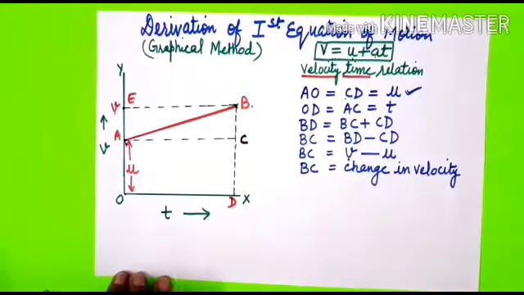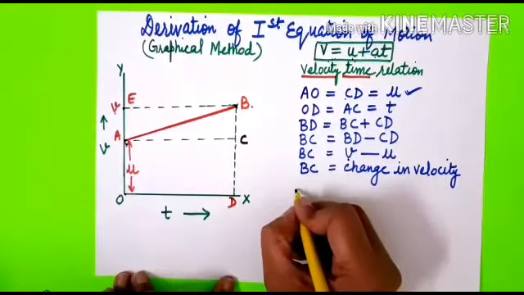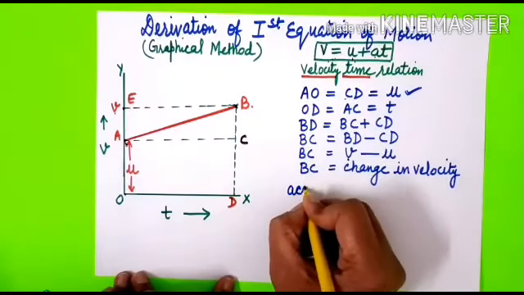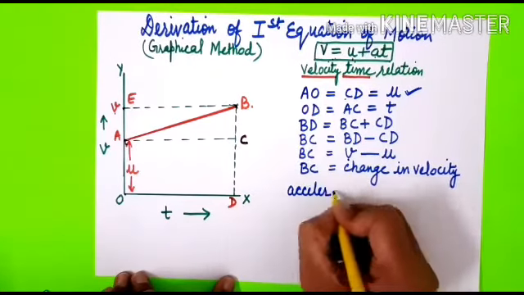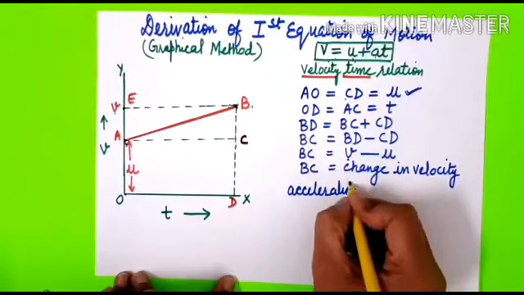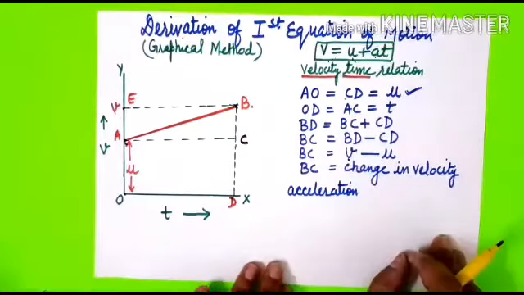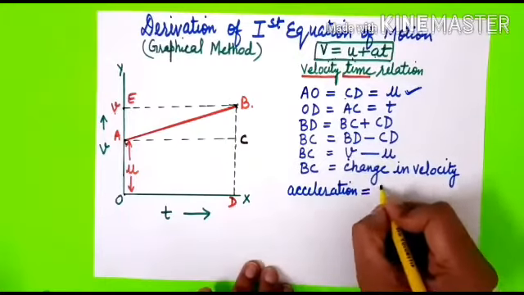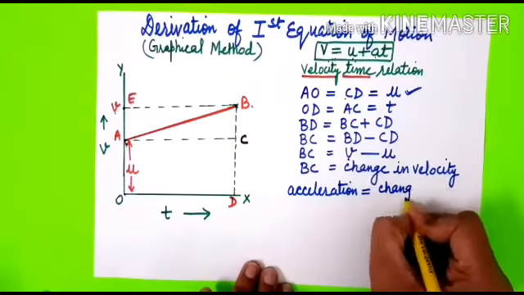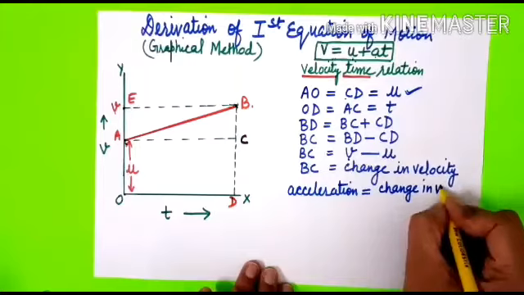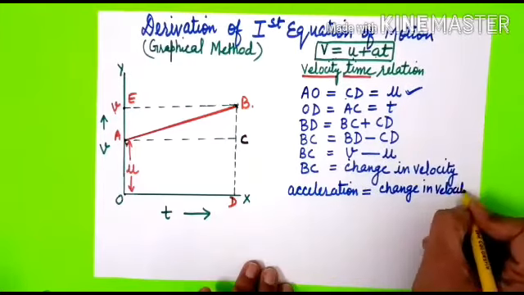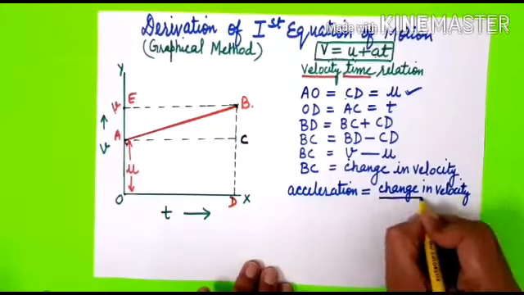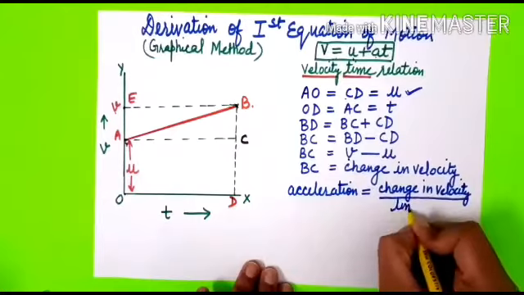Right? Now write down the acceleration formula, as you all are aware. I have covered this acceleration part in my previous video. Acceleration is equal to change in velocity with respect to time.